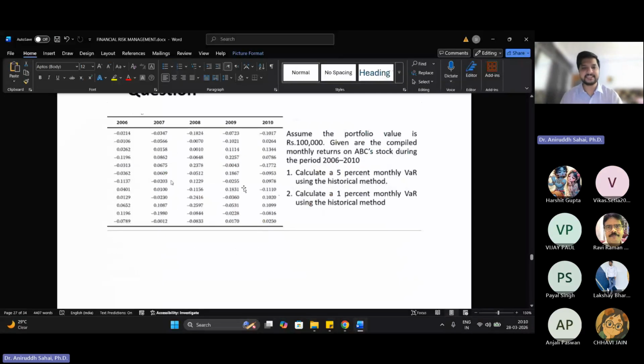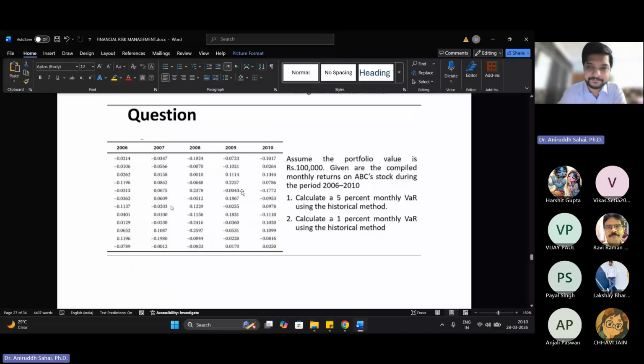अभी देखते हैं, let's see how you can do for 95% and 99% as well. So this is the second question. Look at this question now. You are given data, monthly data for 5 years, 2006 to 2010. You are given monthly data कि कितना परसेंट रिटर्न रहा है. This is 2.14%. Then you have 1.06%. Then you have plus 2.62%.